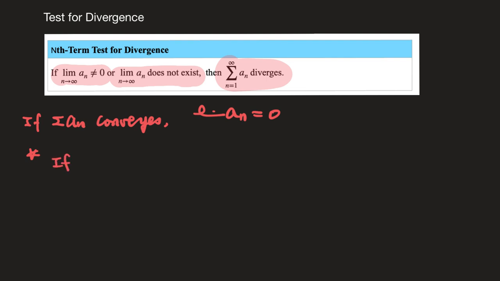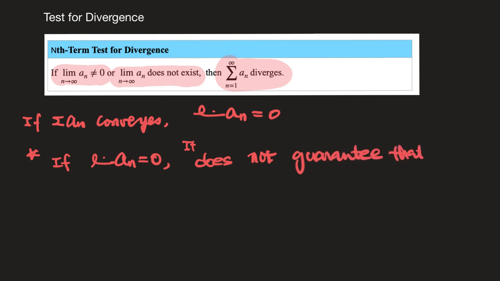If the limit of the sequence is 0, it does not guarantee that the series is going to converge. Let's give an example of this statement.